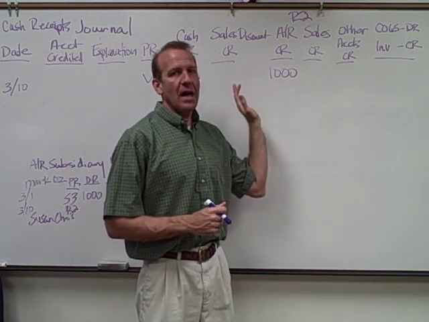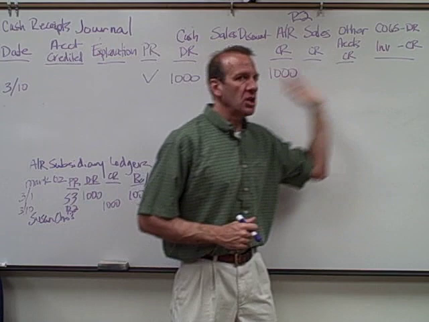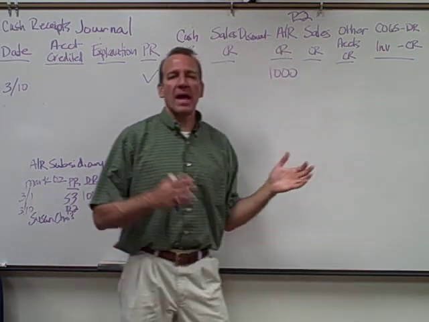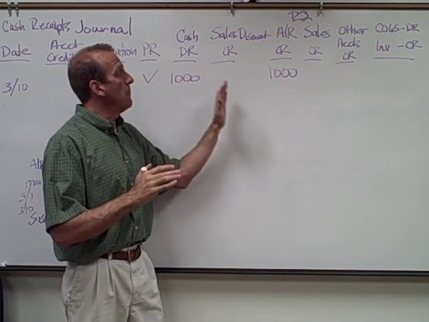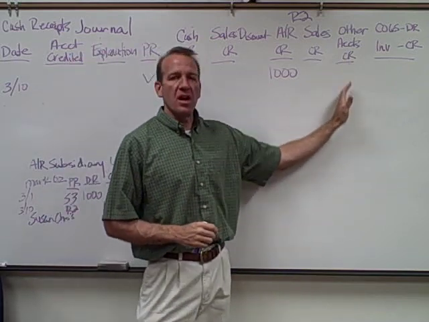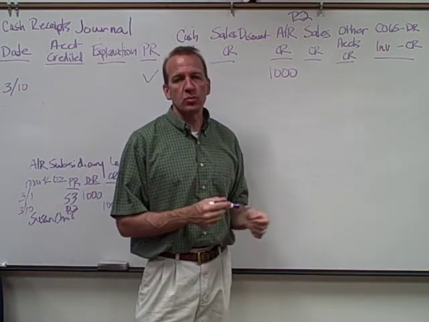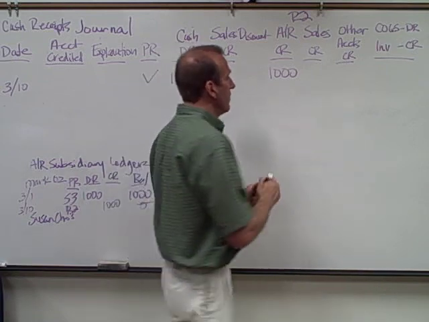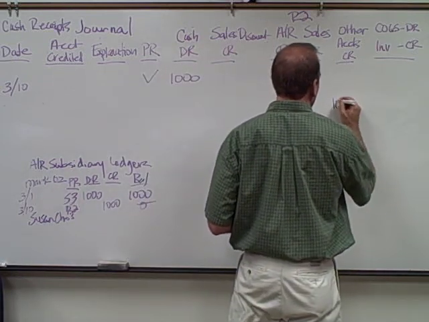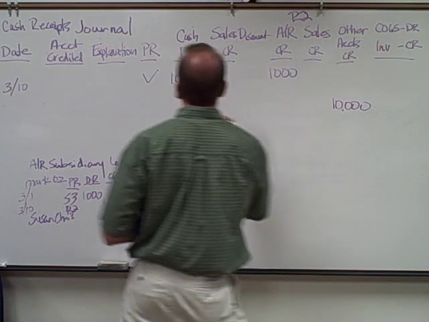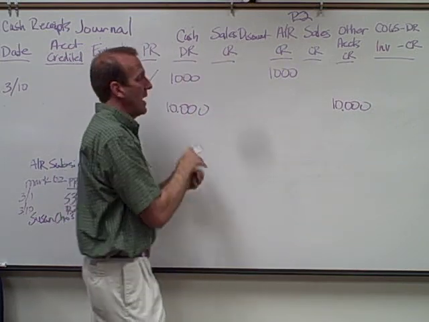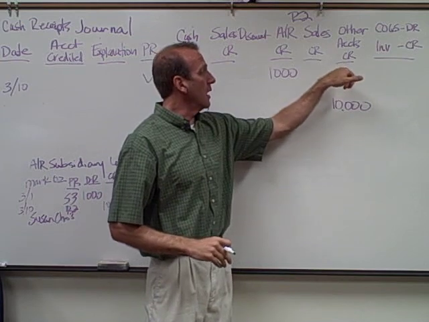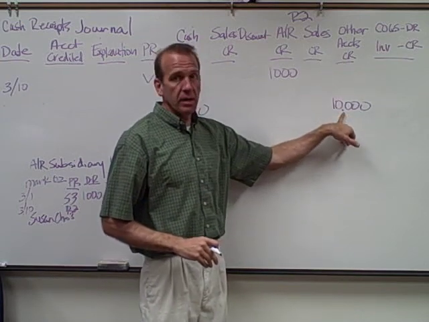Well, you don't want to have a spreadsheet that's just huge, okay? You want to have the main reasons why cash comes in, and that's what we have here, and then you're going to want an other column for all those other miscellaneous reasons. What will happen is, if it was $10,000 cash coming in from the bank as we borrowed money, then cash would be debited because we got the cash, and then the note payable would be credited, okay?